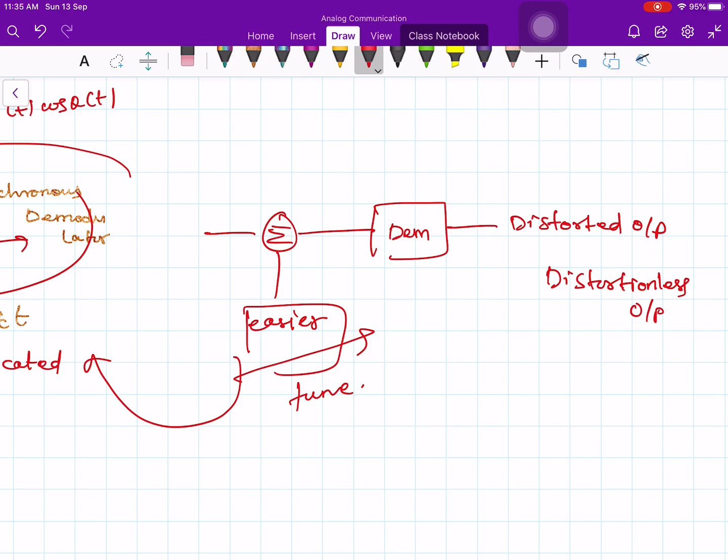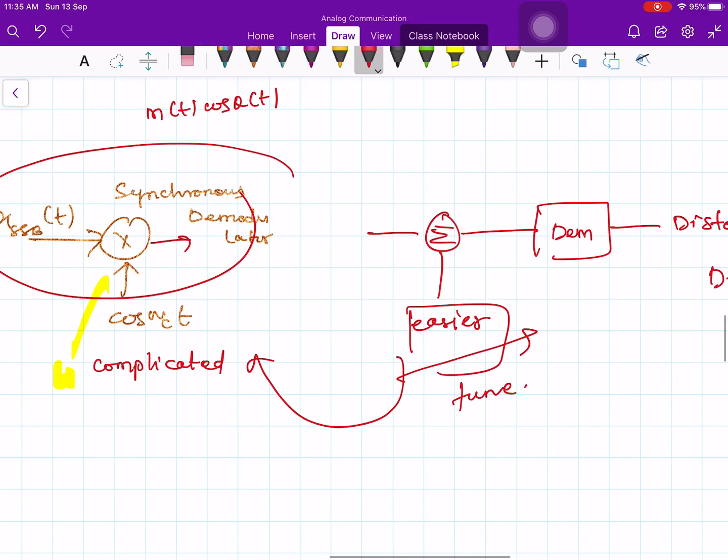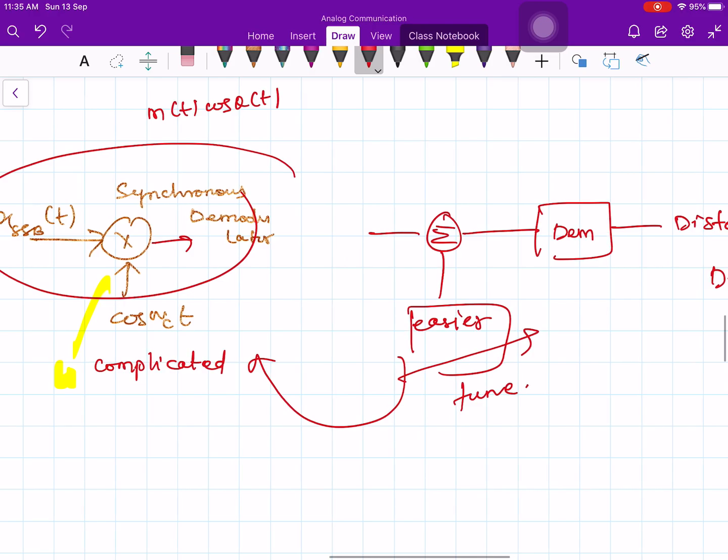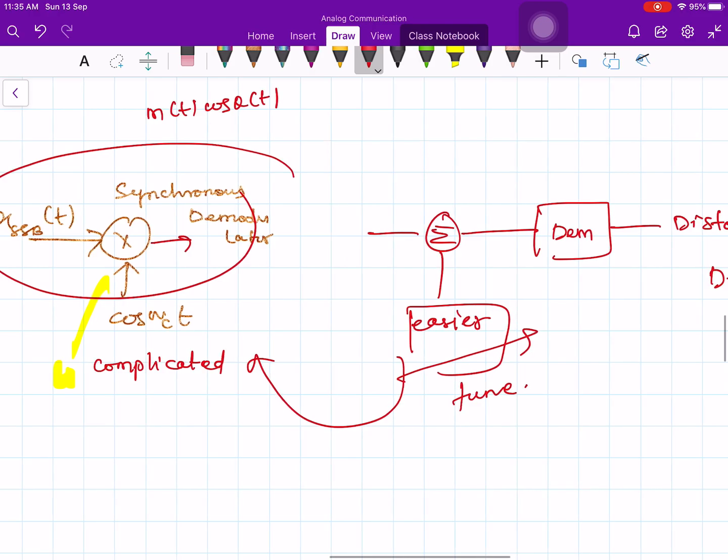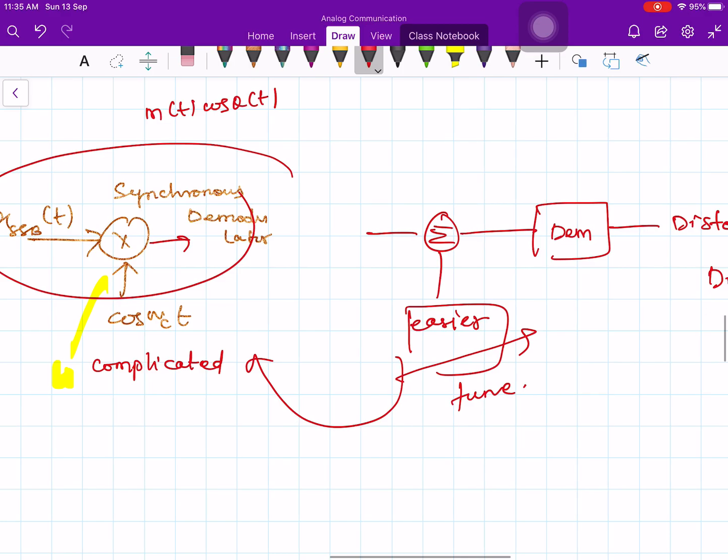It is not as sensitive as the coherent detector. The coherent detector is very sensitive to phase distortion, but this is not that sensitive. Just like tuning a receiver, you can tune until you get phase and frequency synchronism, or until you get your speech quality back.